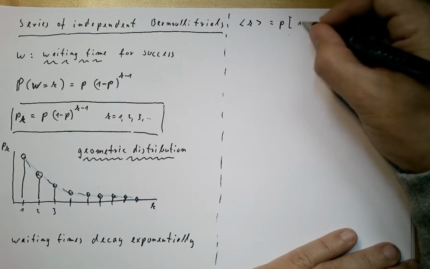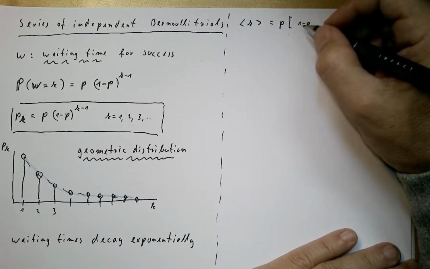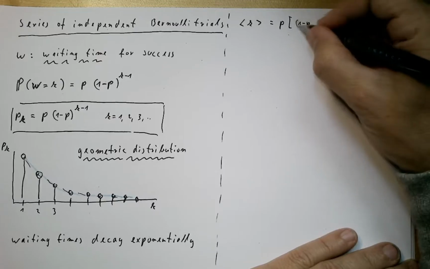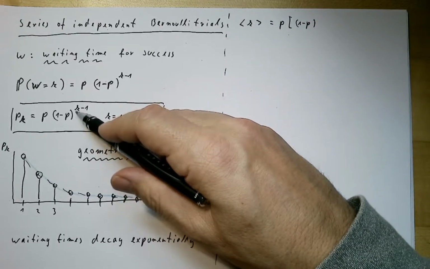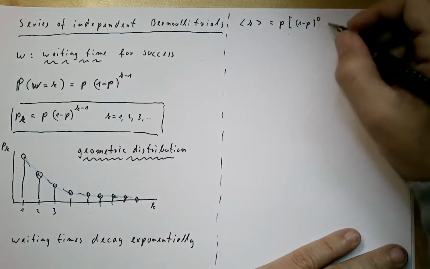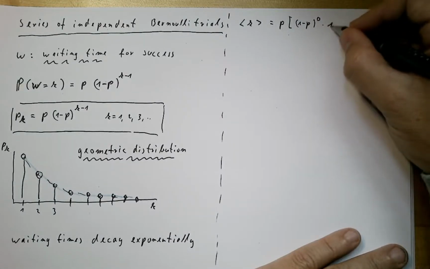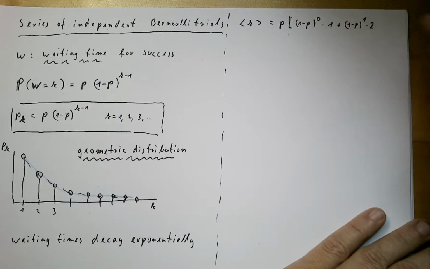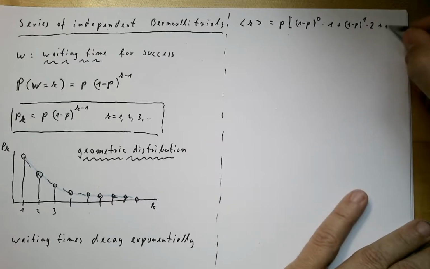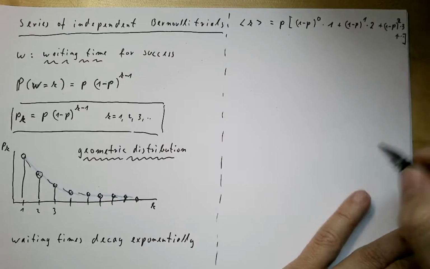So we have 1 minus p to the power 0 times 1, since we start with k equal 1, plus 1 minus p to the power 1 times 2, and so on and so forth, 1 minus p to the power 2 times 3, and then we close the parentheses.